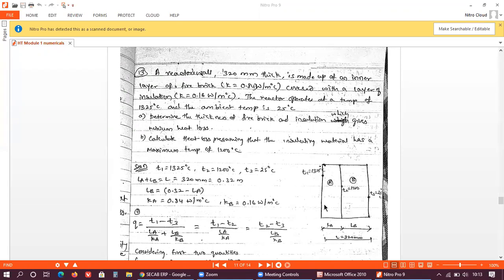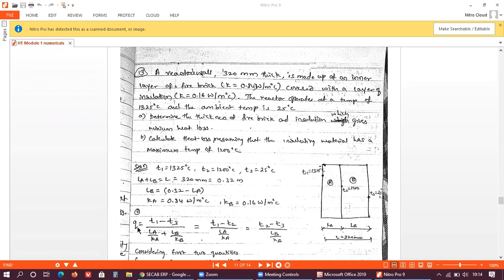Okay. So how are you going to write the equation for this? You have to make use of Fourier's law of conduction equation, which I have written in terms of small q. All of you know what this small q is. Small q is the rate of heat transfer per unit area, or we call it heat flux. We had one class last time on how to generate this formula, right?